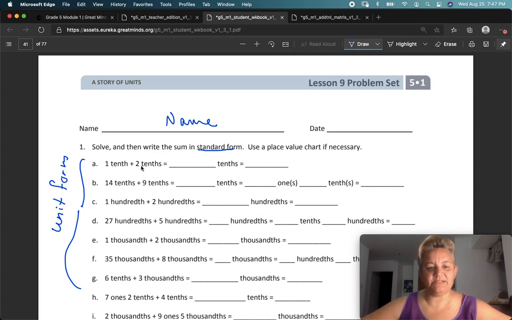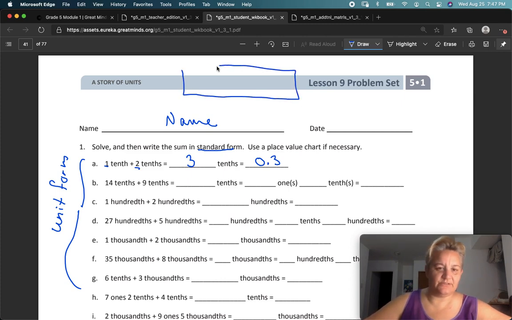1 tenth plus 2 tenths equals 3 tenths, right? That was easy. Now they want me to write that in standard form. So 3 tenths in standard form looks like this. And if you need your place value chart, you can always make one, or get one out of your book, or whatever you need to do.